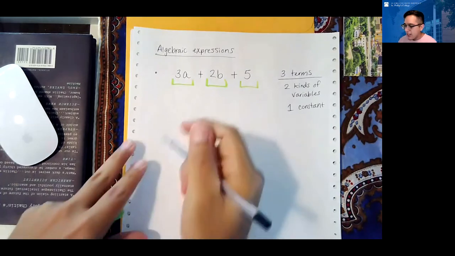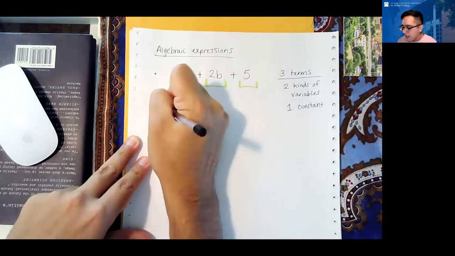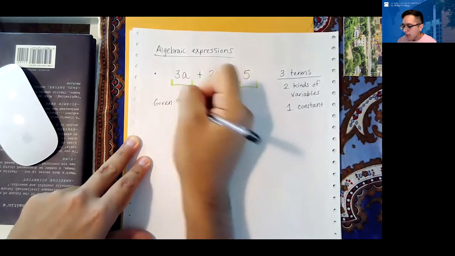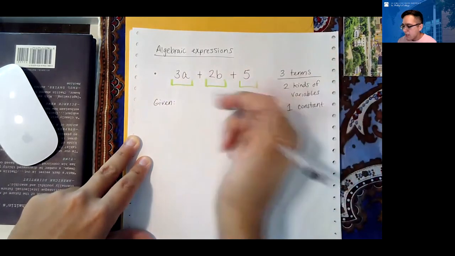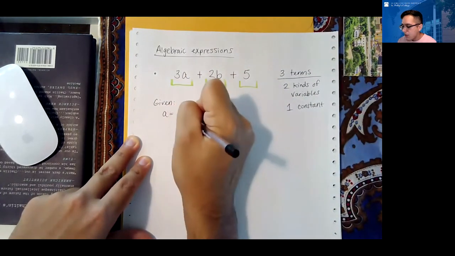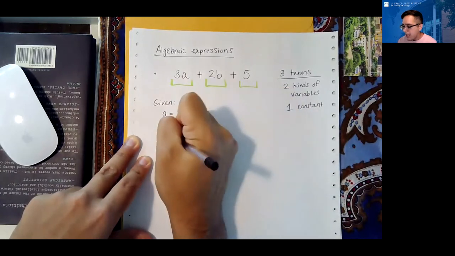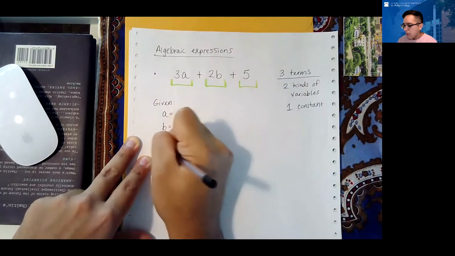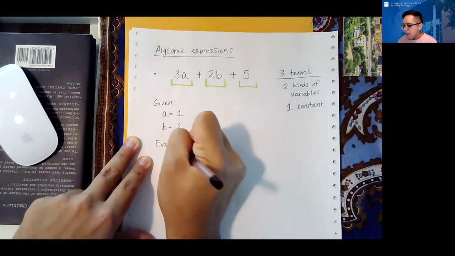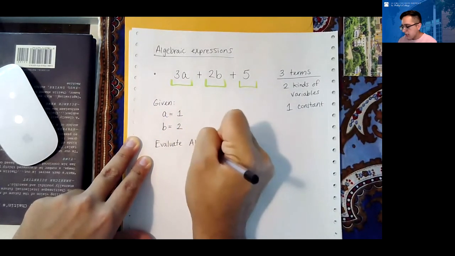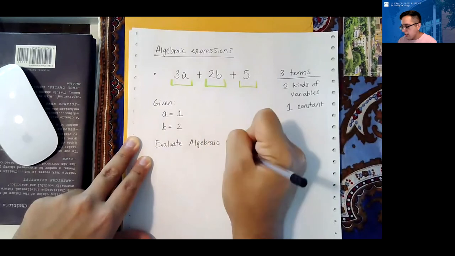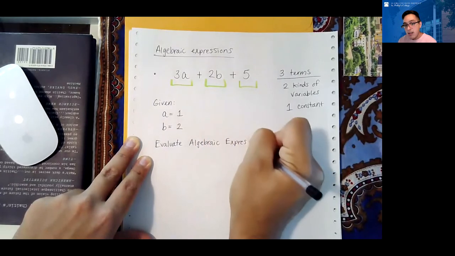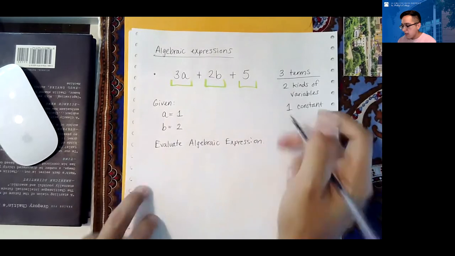But then if I said at the store, we're given the prices of these items such that A is equal to $1 and B is equal to $2, then we can evaluate the algebraic expression. What happens on certain math problems, they don't give us a key like that.